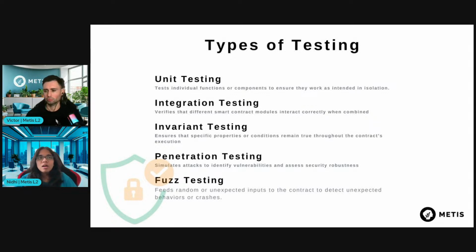So unit testing, fuzz testing and invariant testing are the three most common testing patterns that auditors mostly use. And then there is the flow as well for the auditor. We can have another session for that particular topic.